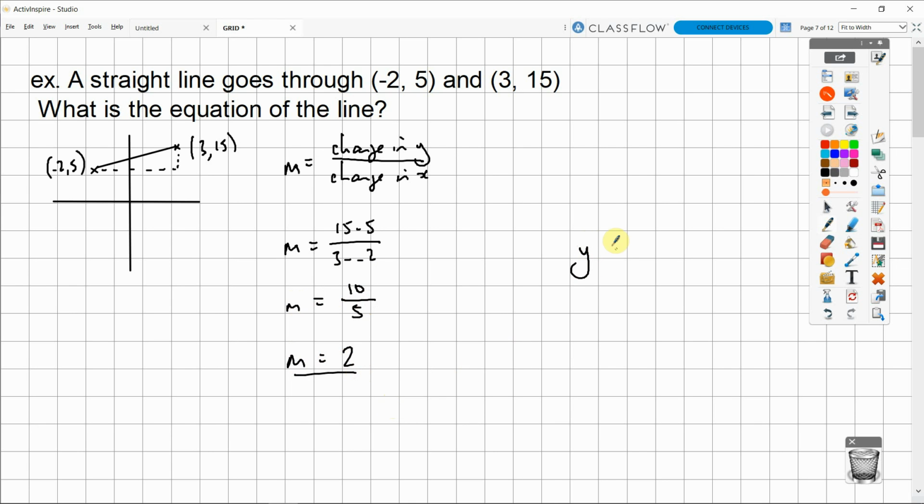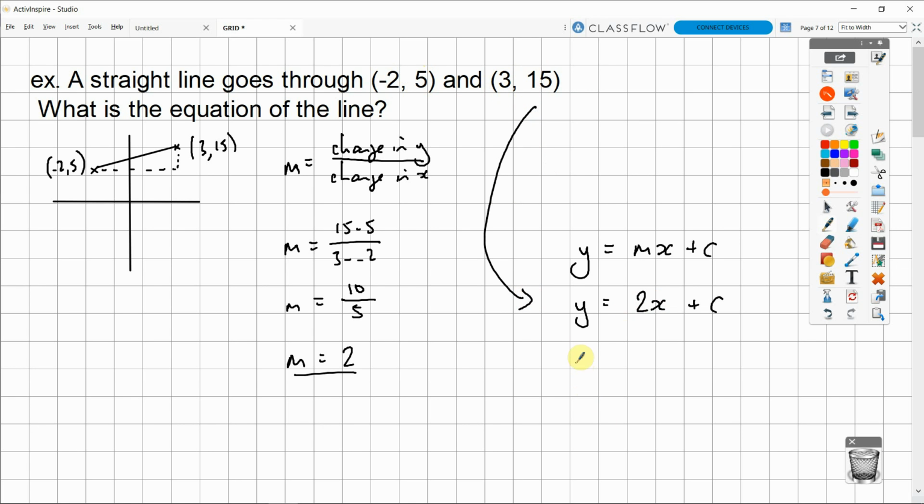And we know, because it's a straight line, that y equals mx plus c. So we now know that y equals 2x plus c, because we've discovered the gradient here. We need a value for x and for y, and we've got a free choice. We can either use that pair or we can use that pair. The argument for this pair is the numbers are a bit smaller. The argument for that pair is that they're all positive and they're easier. I think I actually prefer these ones.